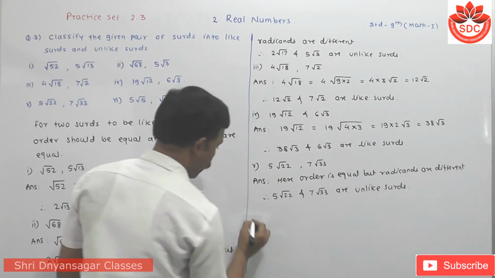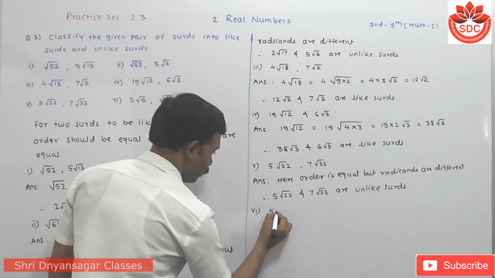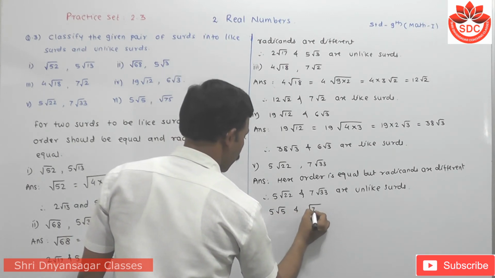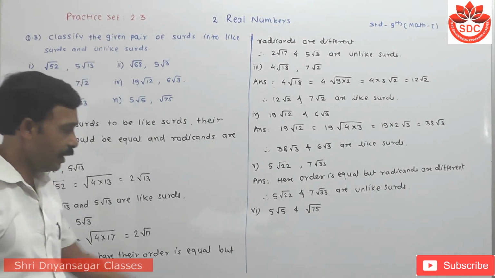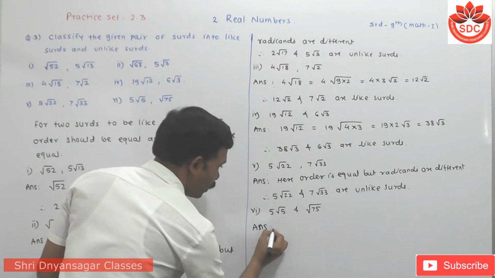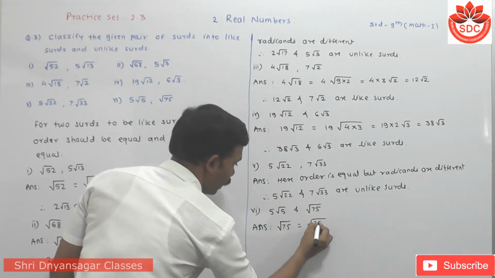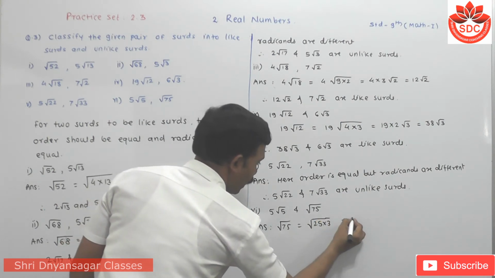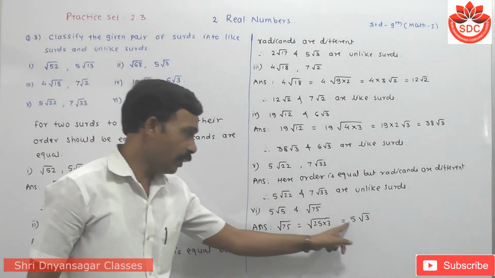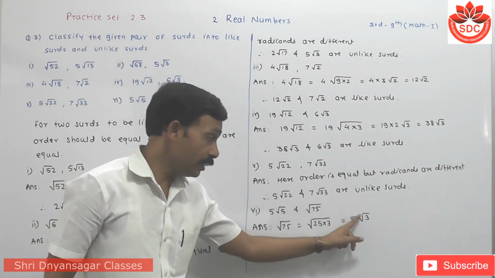Then we take the sixth one: 5 root of 5 and root of 75. Student, here we cannot factorize, but you have to factorize this root of 75, which equals 25 into 3, means 5 root of 3. Observe carefully: 5 root of 5 and 5 root of 3. Here radicand is not equal, but order is equal.